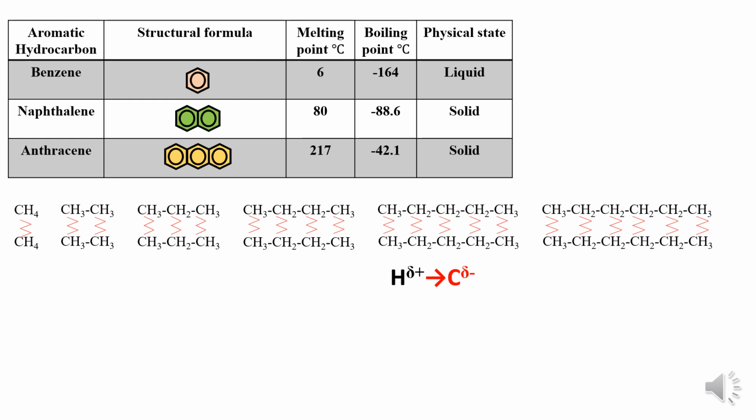A carbon with the electronegativity of 2.5 on the Pauling scale, and hydrogen has an electronegativity value of 2.1. So there is a difference of 0.4 on the Pauling scale. So as a result of this, there is temporary or momentary fluctuation of electrons towards the carbon atom.